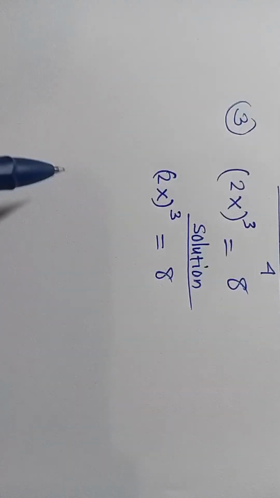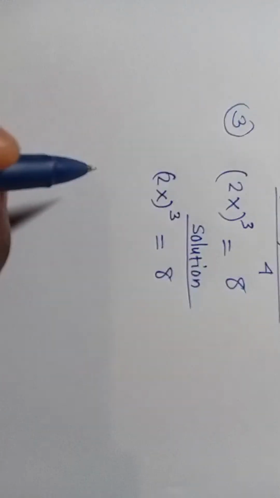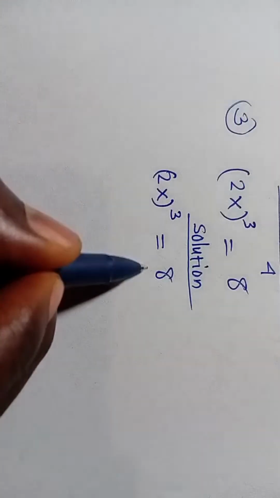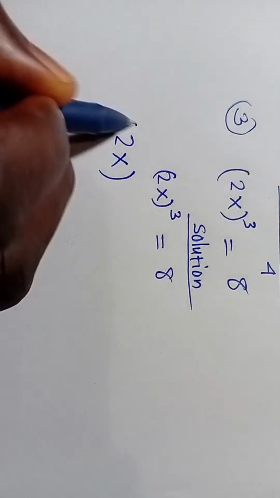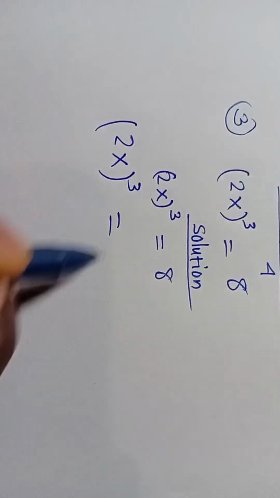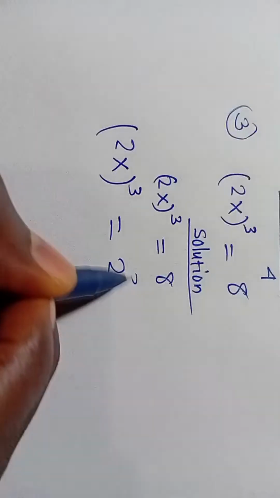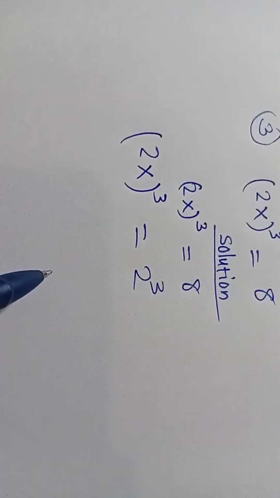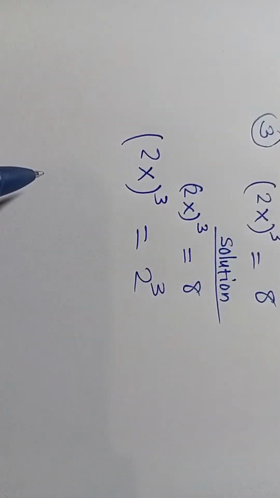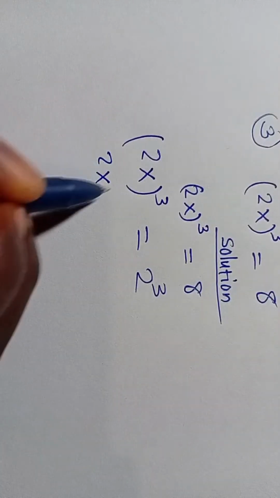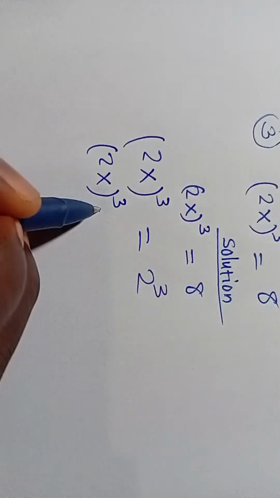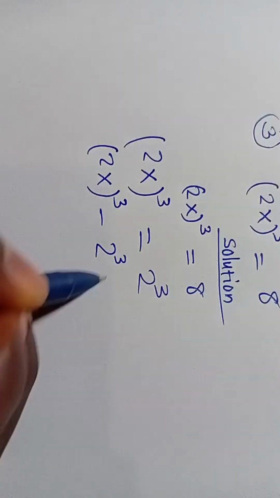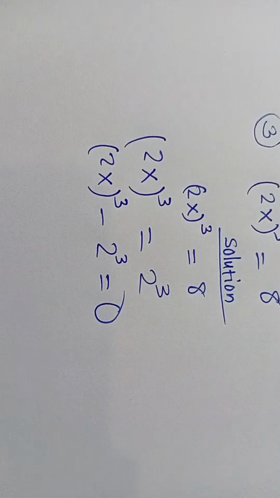Now, from here we have to express this in base 2. So here with 2x to the power of 3. Now, let's have this as 2x to the power of 3 minus 2 to the power of 3 equals 0.